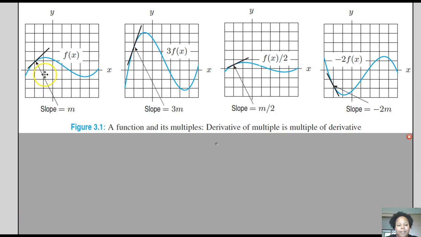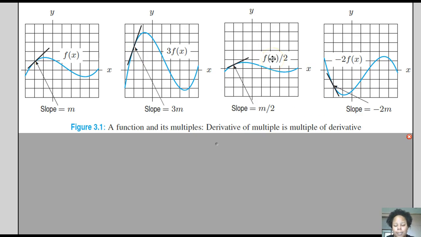Let's say I have a function f of x, and it looks kind of sinusoidal, but that's not important. If we look at the slope of the tangent line, let's say it's m. If I multiply f of x by a factor of 3, that means I stretch it vertically, and the slope at that same point is also stretched, so it would be 3m.